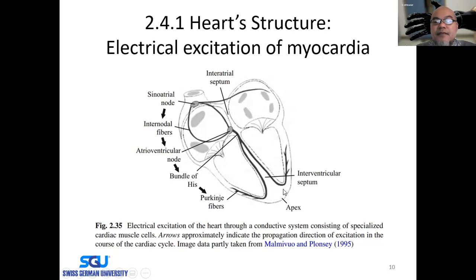So this is how the electrical excitation occurs. It starts from the sinoatrial node, goes into the atrioventricular node through the internodal fibers, then goes to the bundle of His, and after that spreads through the Purkinje fibers.